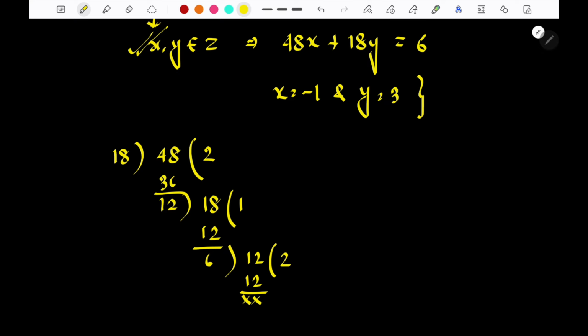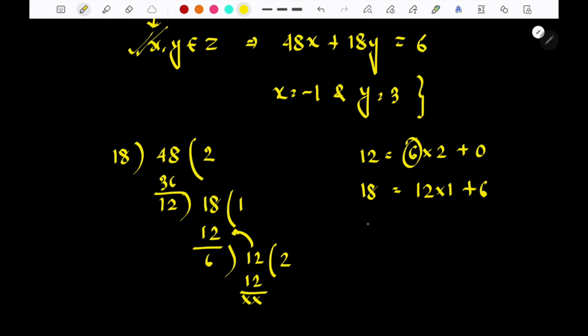Now what is the way? Go backwards. How? 12 is equal to 6 into 2 plus 0. So therefore 6 is the HCF. Again, 18 can be written in terms of 12 into 1 plus 6.